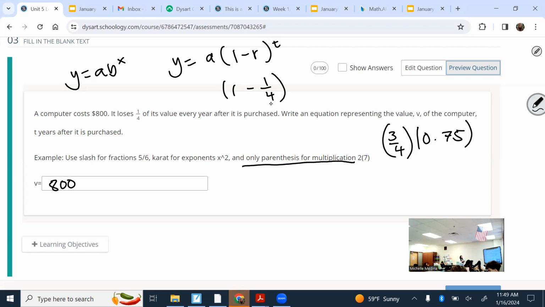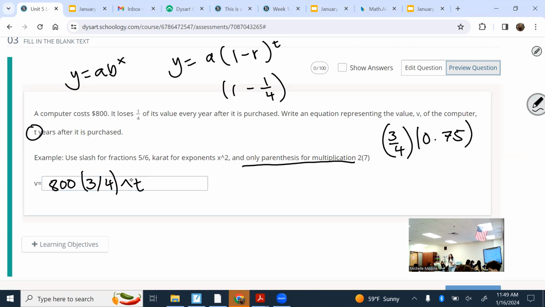I think it should accept both, but we'll just see. And then for the exponent, you need to use this symbol, like how it shows you right here, or it gives you instructions right here. Use a slash for fractions and use this symbol for exponents. So shift 6 is where you find that symbol. And what should the exponent be in this one? Does it ask me over a specific year? So it should just be T.